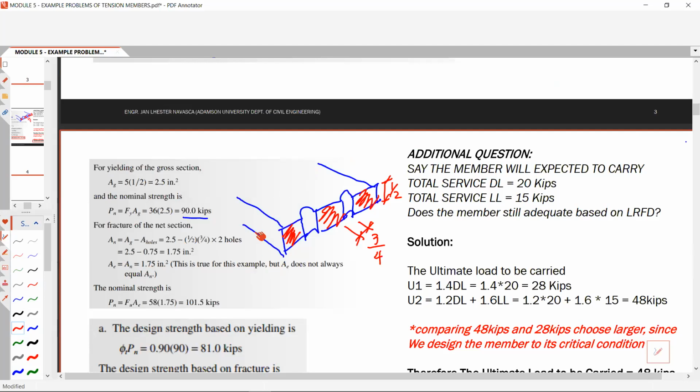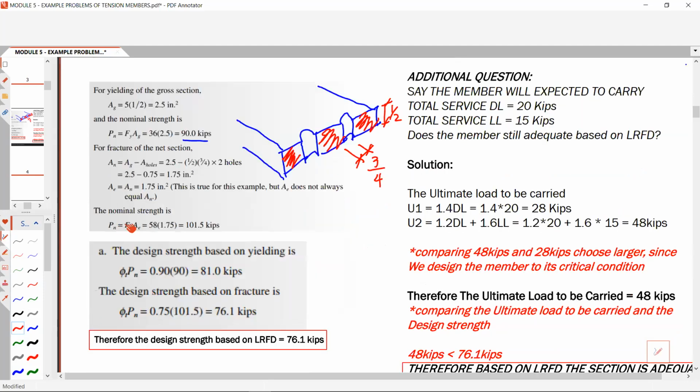So, going back to your formula for net fracture, PN, the nominal strength, equals FuAe. And this one is for the gross section or gross yielding. So the nominal strength based on fracture is 58 ksi multiplied by 1.75, that is 101.5 kips.